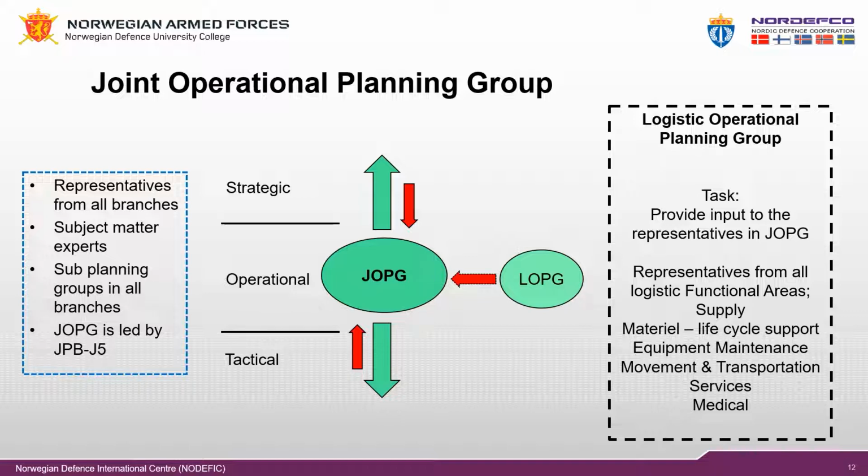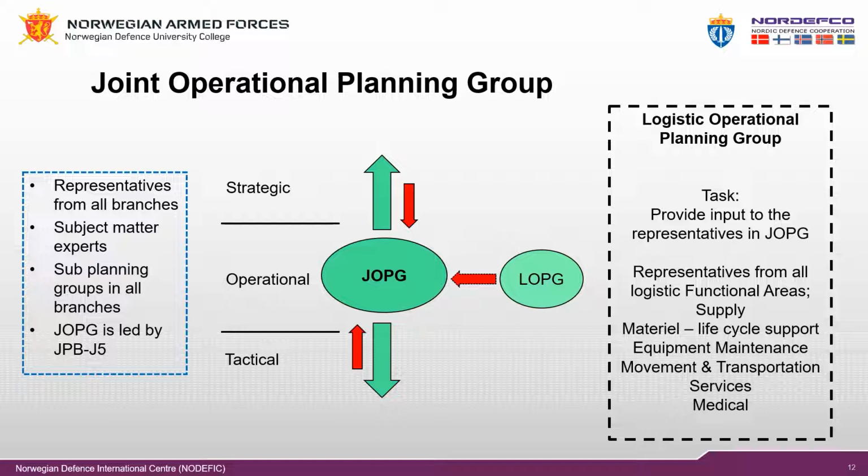From the logistic branch perspective, it is recommended, if possible, to have one general logistic representative supported by one movement and one medic expert, all present in the Joint Operational Planning Group.